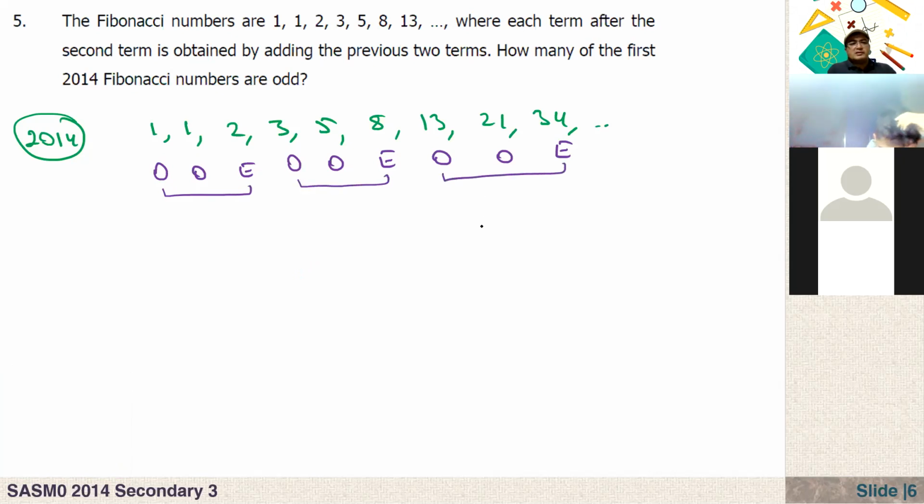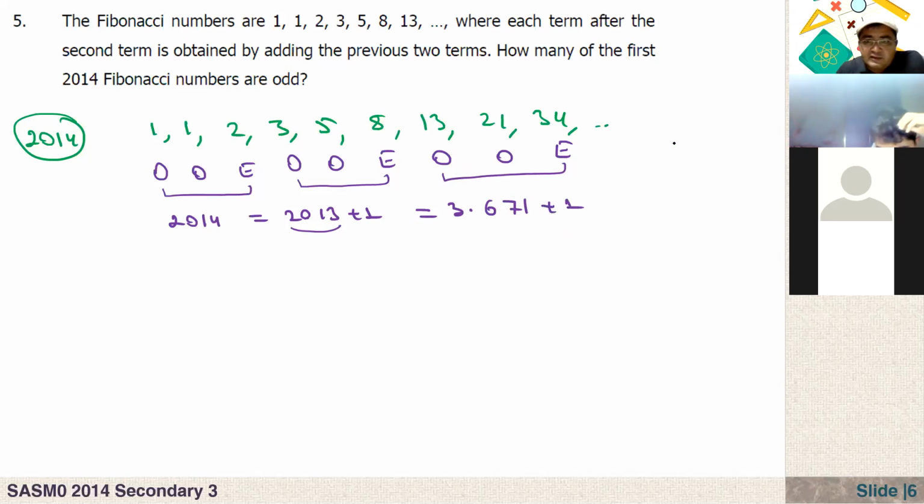So now the question is, until 2014, how many groups of 3 do we have? 2014 is not divisible by 3, but I can write it as 2013 plus 1. If you divide 2013 by 3, 20 divided by 3 is 6, 21 divided by 3 is 7, 3 divided by 3 is 1, so it is 671.